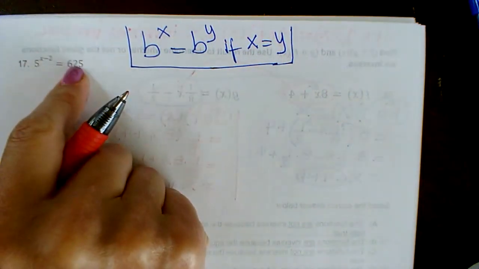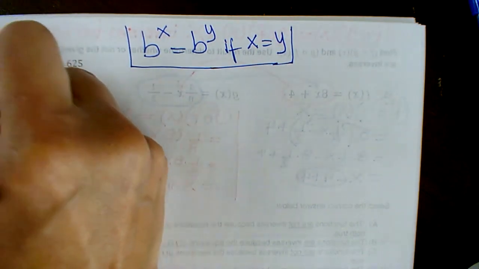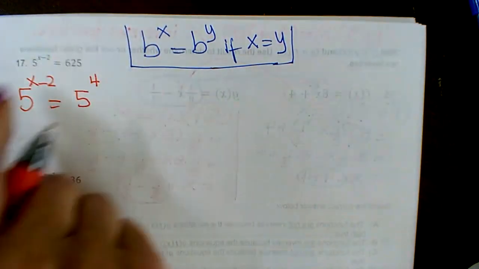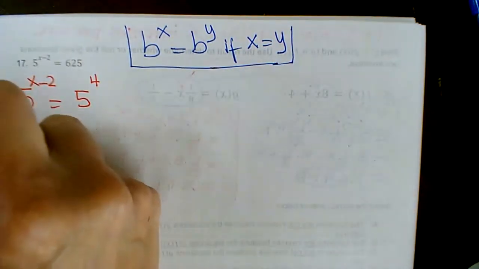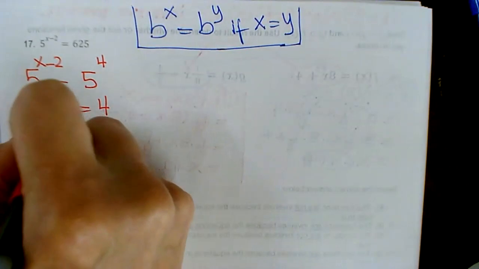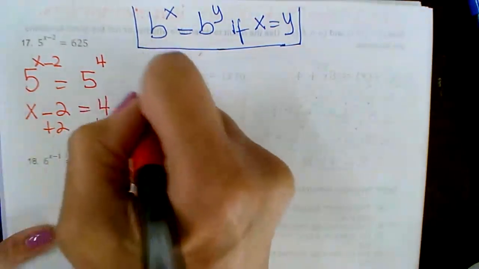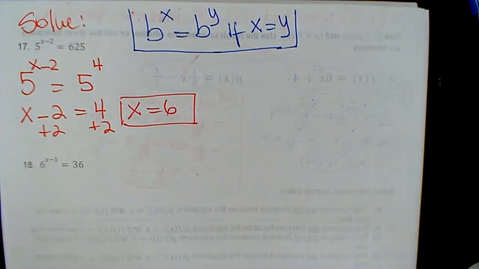Find a base of 5. So I need to convert this. So this is going to be 5 to the 4th power is equal to 625. The bases are the same, so the exponents are going to be equal. What do I need to do? Just add the 2, and x is going to be equal to what? To 6, right? They are asking us to solve. That's it.